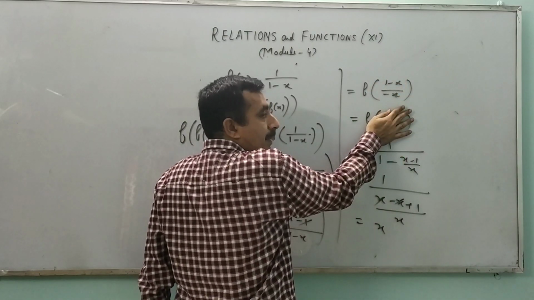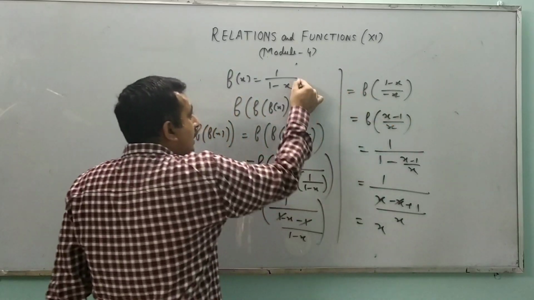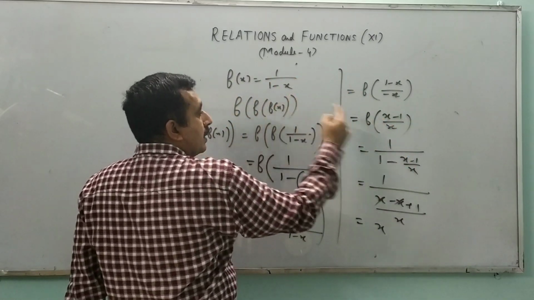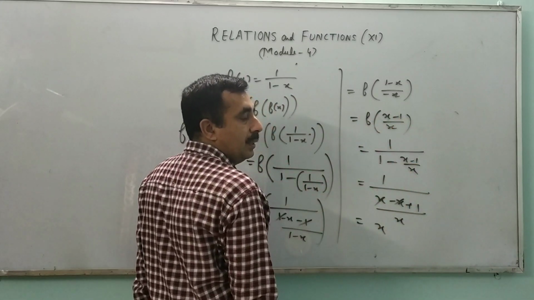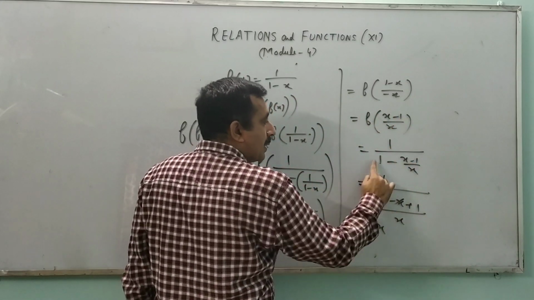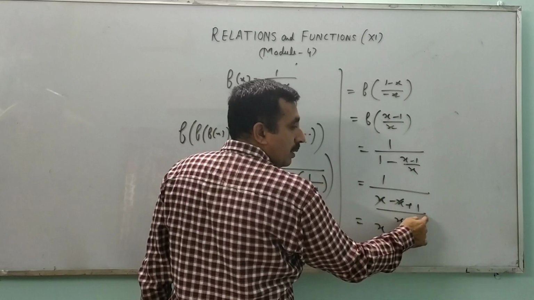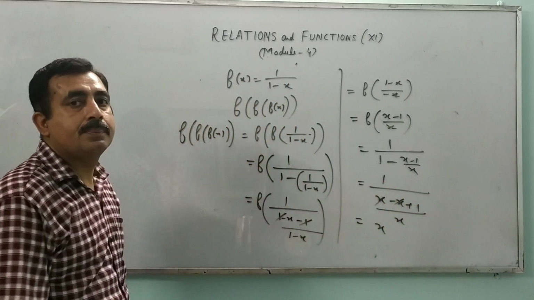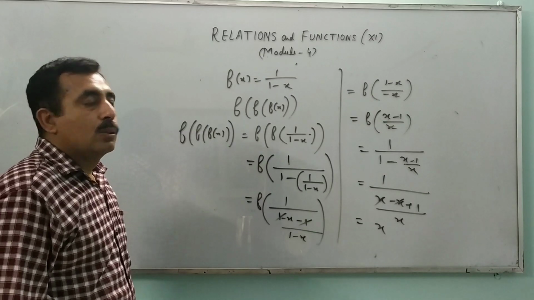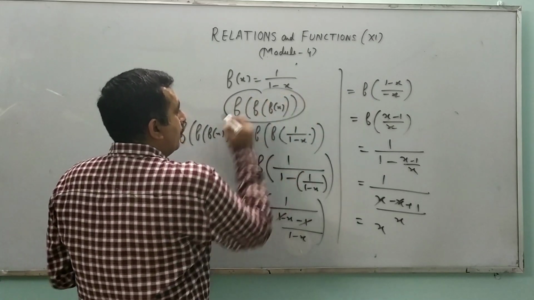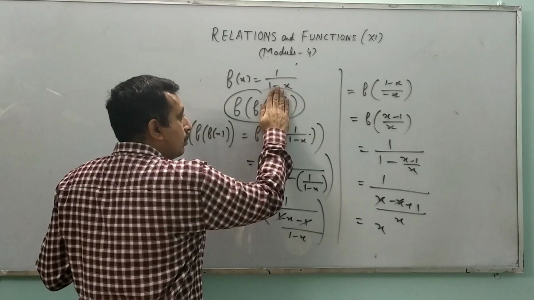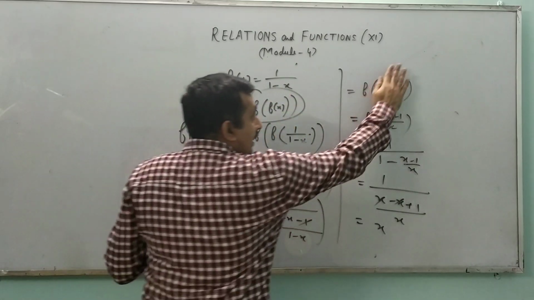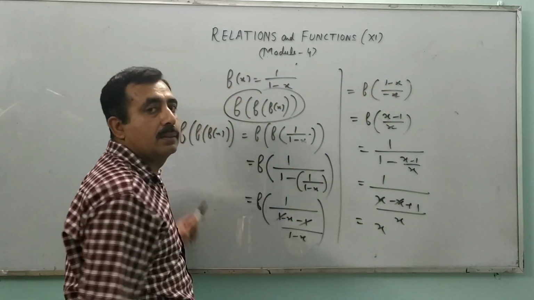Now again it will become x, so write down this value: 1 divided by 1 minus (x minus 1) upon x. Take x LCM: x minus x plus 1. The x cancels, this x goes to the numerator. This is the answer. So whenever we are to find this value, first we start from the domain, write down this value, again it is x, find the answer.